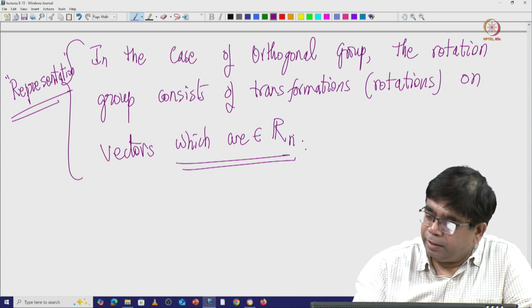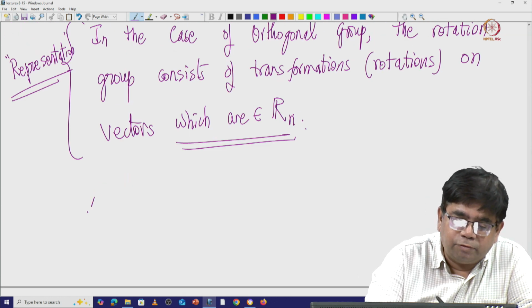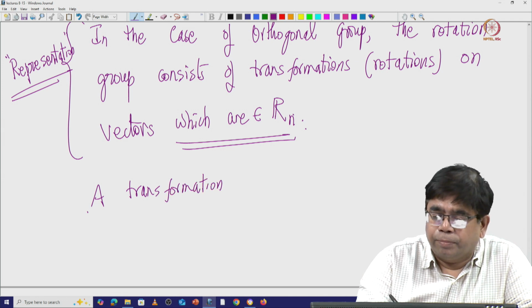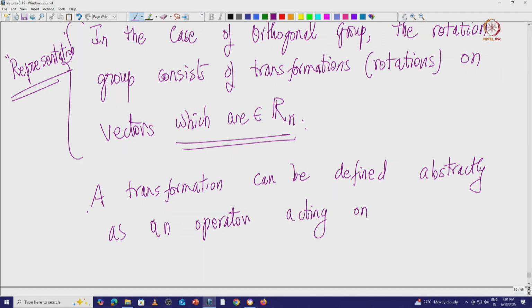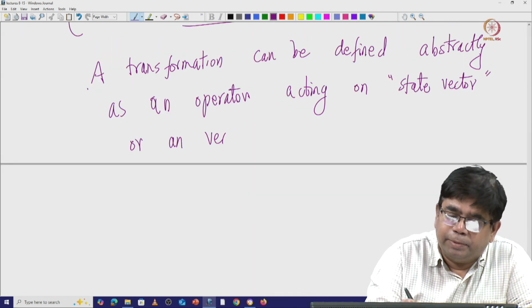Let me just write it down. Any transformation can be defined abstractly as an operator acting on a state vector, using quantum mechanical language, or on a vector space.